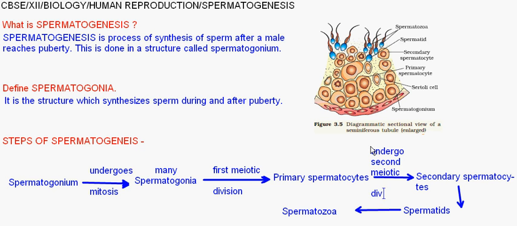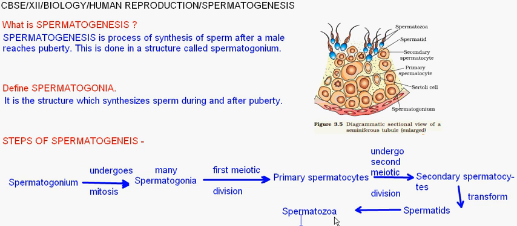Then secondary spermatocytes transform to spermatids. These spermatids later get converted to spermatozoa. These spermatozoa are also called sperm. Now coming to the detail.